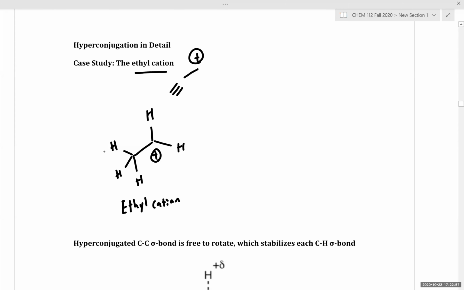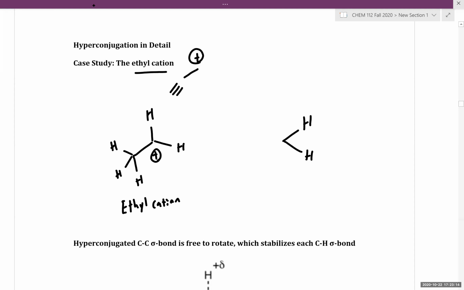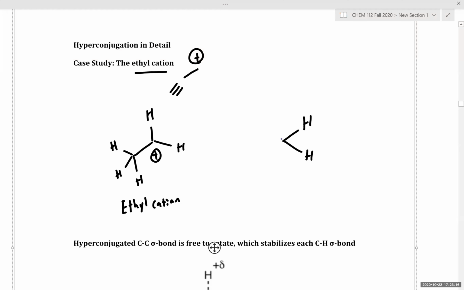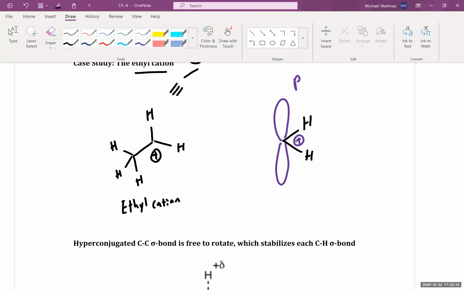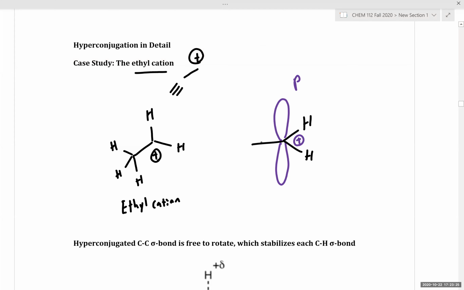Now that we've explicitly drawn out our hydrogens, it becomes quite easy to start to depict our hyperconjugation effects. For our ethyl cation, we have our empty p orbital, and adjacent to our cationic carbon, we have 3 hydrogens.